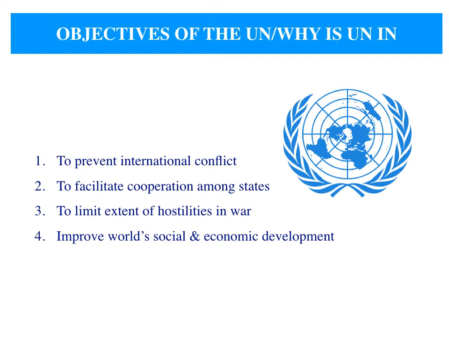However, if war did break out, then the job of the United Nations would be to limit the extent of the hostilities. For example, we have international law on the conduct of hostilities.